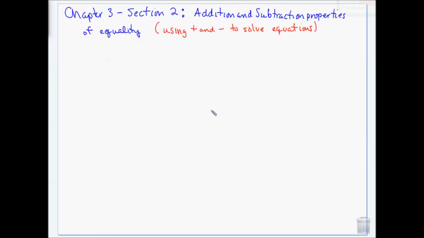The addition and subtraction properties of equality, and basically what that means is we're going to use addition and subtraction to solve equations. Okay, so what's an equation? An equation, by definition, is a mathematical statement that indicates two quantities are equal.